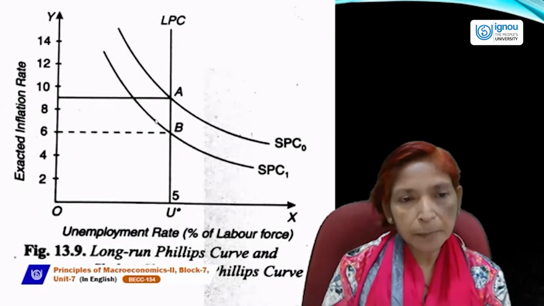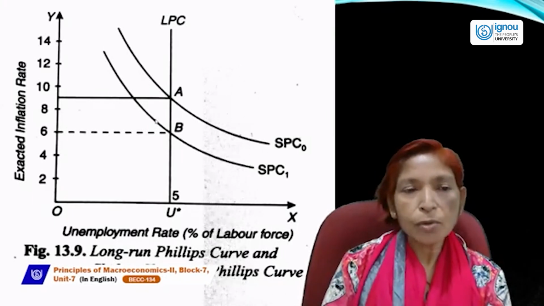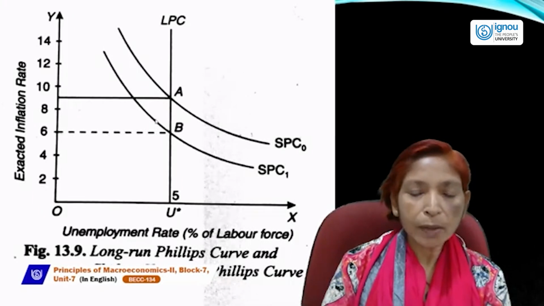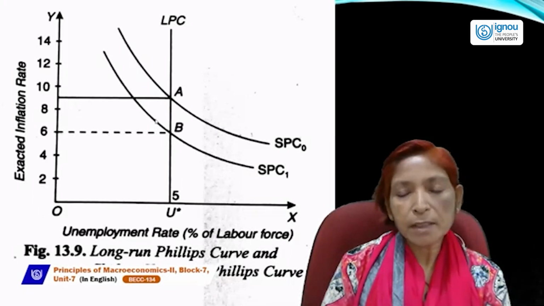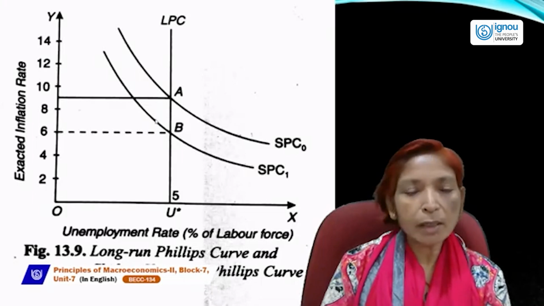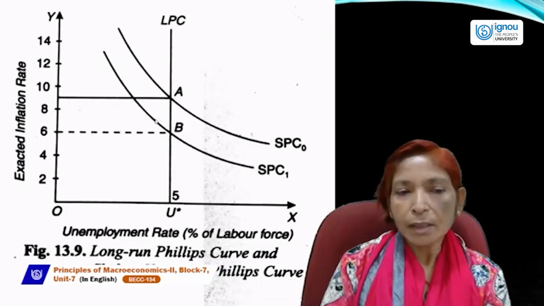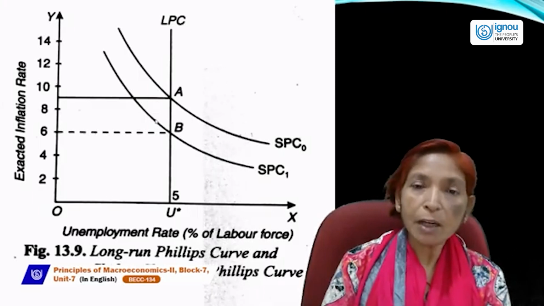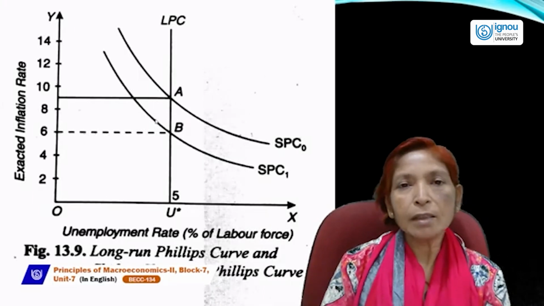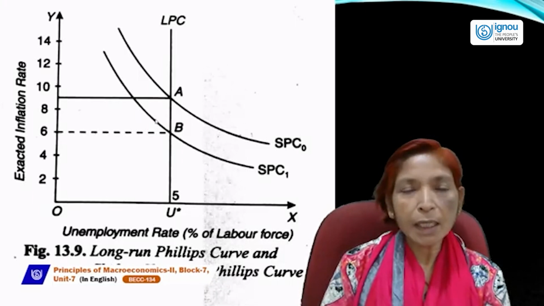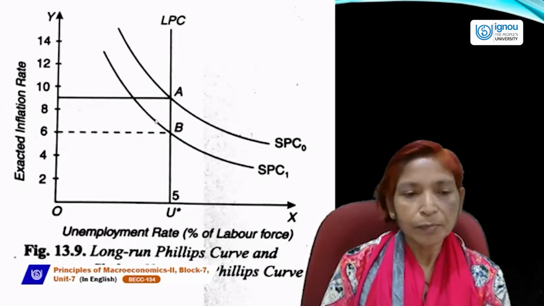In this diagram, LPC is showing the long run Phillips curve and SPC is showing the short run Phillips curve. The short run Phillips curve is always a downward sloping or negatively sloped curve, but the long run Phillips curve is always a vertical curve, parallel to the y-axis, or inelastic curve.